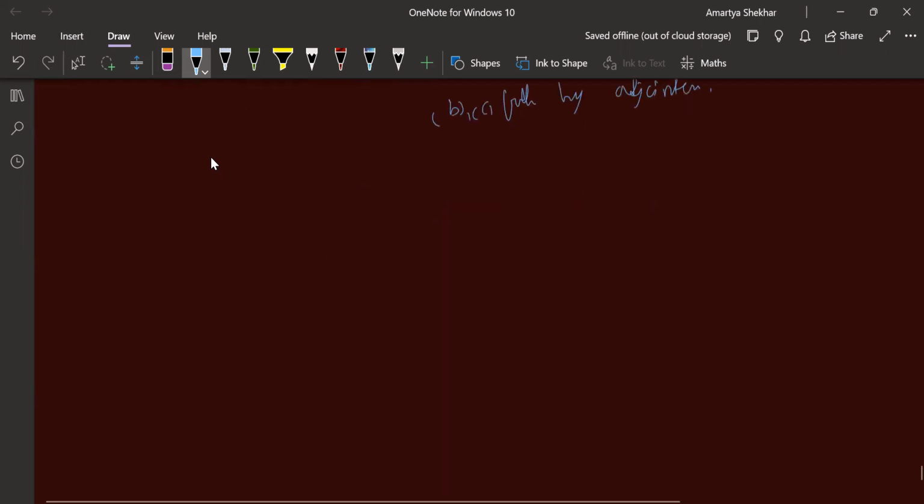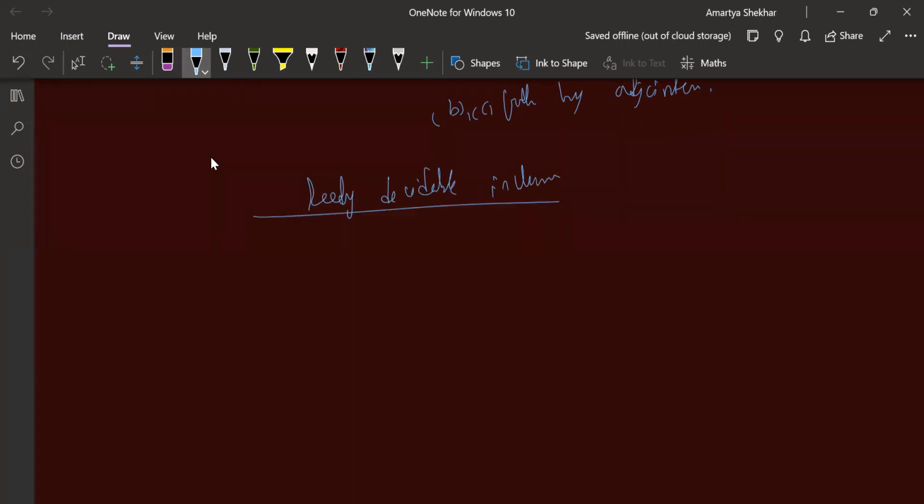Okay, now comes the important section, on Reedy desirable inclusions. So what is the goal? Let me write this out.